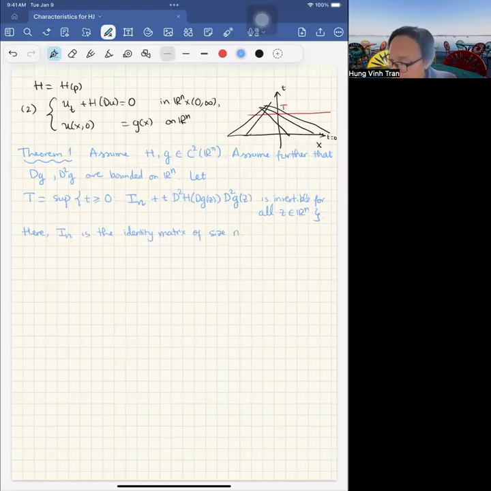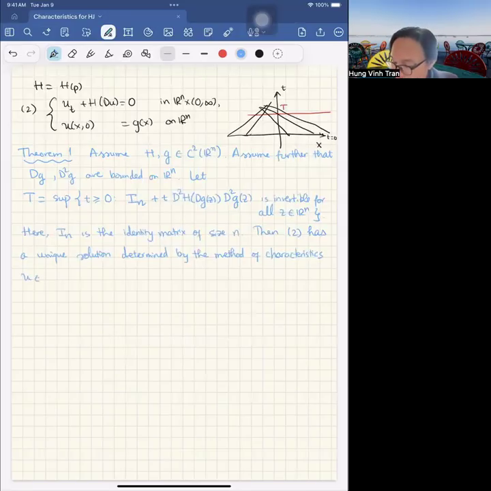So if this is the case, then equation 2 has a unique solution determined by the method of characteristics.